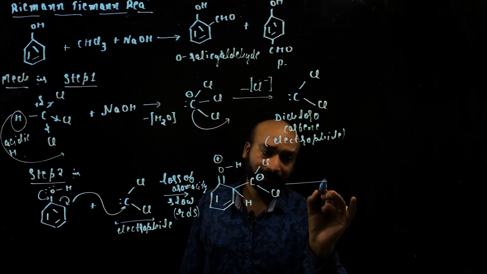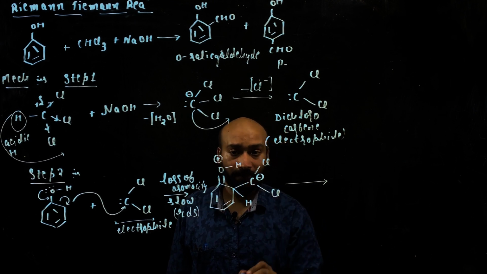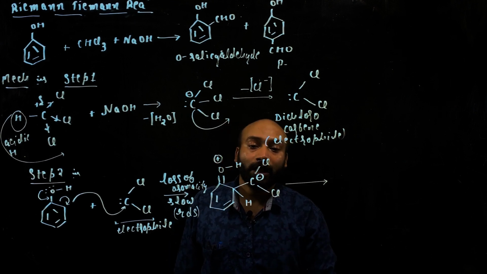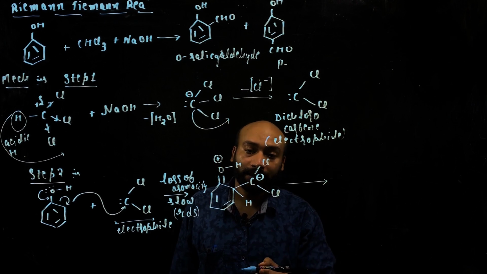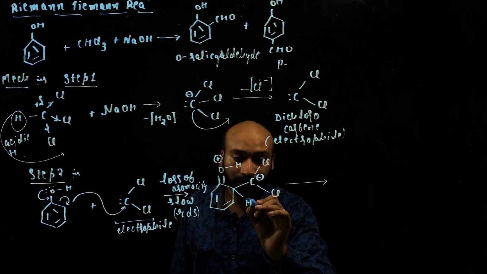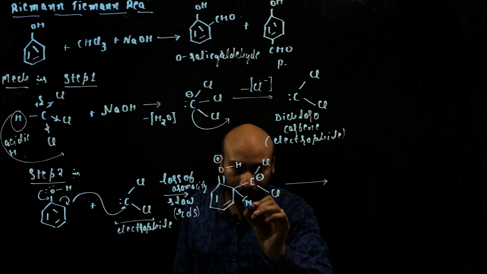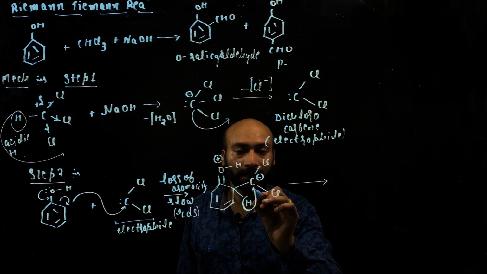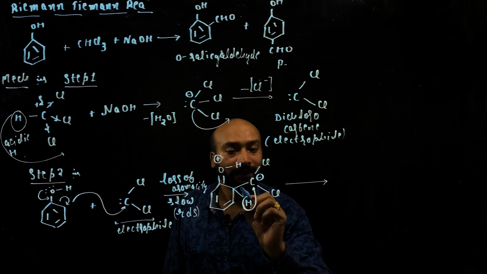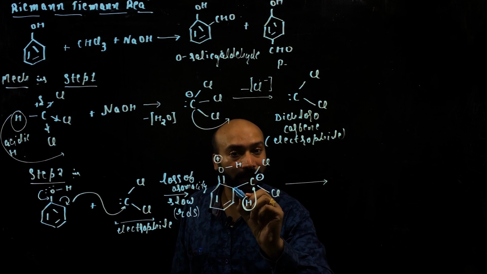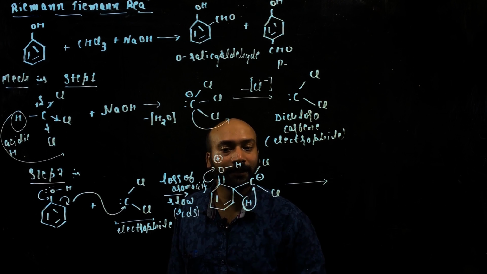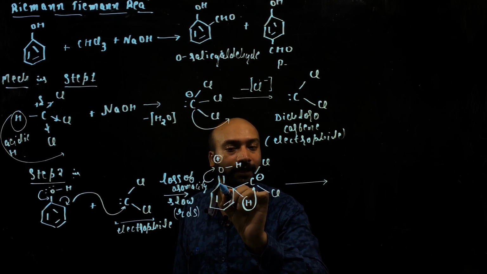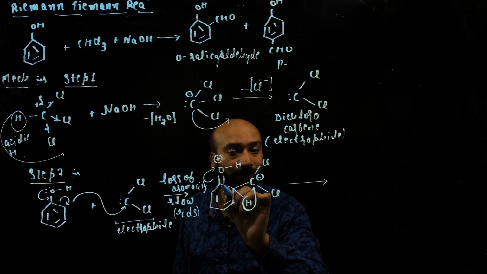In the second step, what should happen? Aromaticity will be retained. How will aromaticity be retained? If H positive is lost from here and acquired by the C negative, this carbon acquires the negative charge and this bond moves towards the oxygen atom. Now this carbon contains the positive charge.